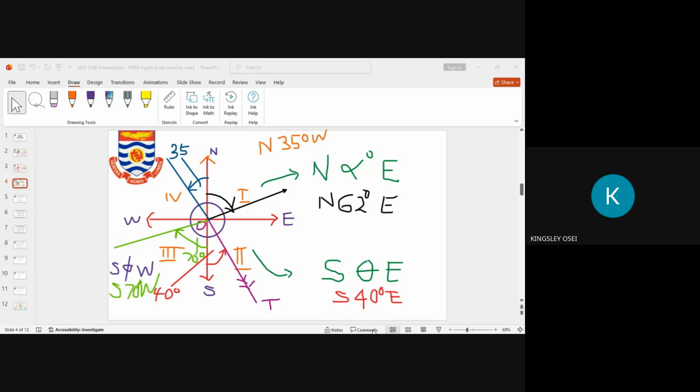So the difficulty when it comes to the reduced bearing notation is your ability to appreciate every quadrant and the rule for the quadrant. Whole circle, we said measure everything clockwise. Quadrantal, it depends on the quadrant. First and third, clockwise. Second and fourth, anti-clockwise.